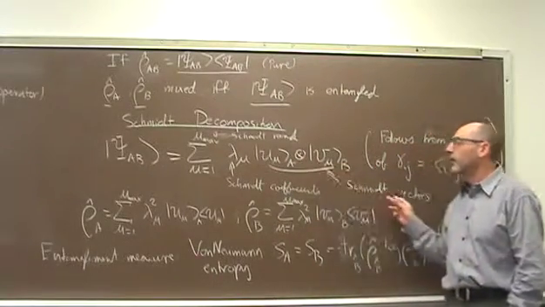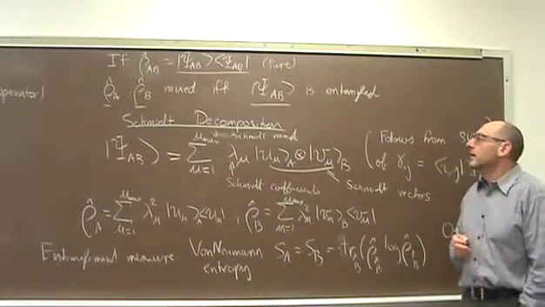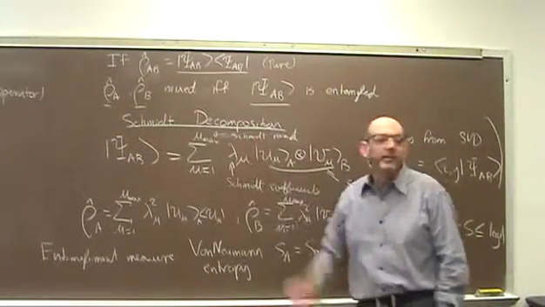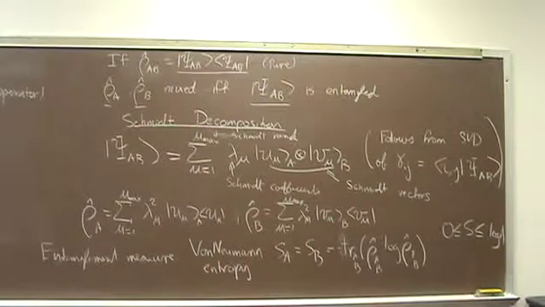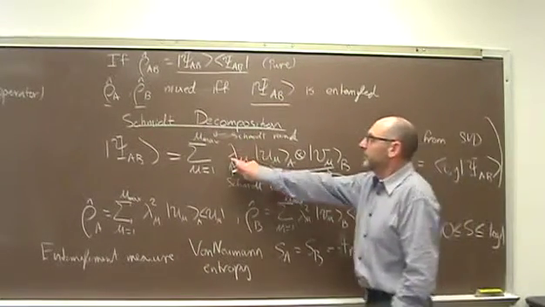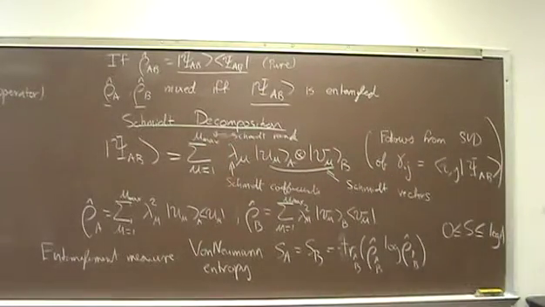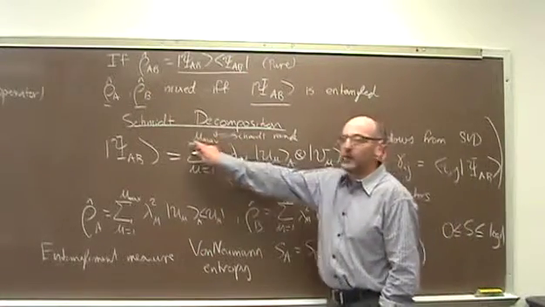Those vectors we call the Schmidt vectors. And the coefficients of the superposition are the Schmidt coefficients. And the total number of such coefficients is known as the Schmidt rank. Okay? So the state is entangled if the Schmidt rank is greater than 1.